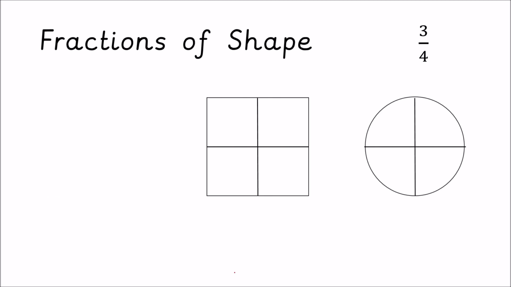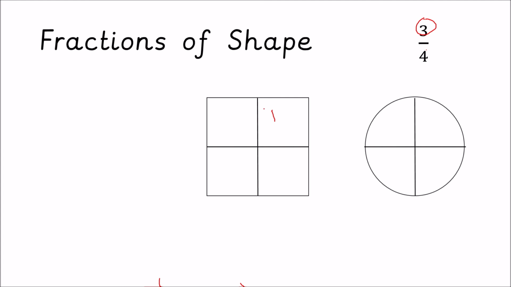3/4 now. So again, there we go. So this is 3, that's your numerator, and 4 is your denominator. So I'm looking for a shape that's divided into 4, and I want to shade 3 of those 4 equal pieces.